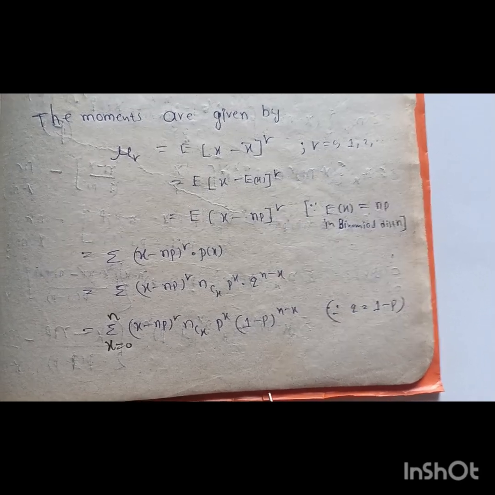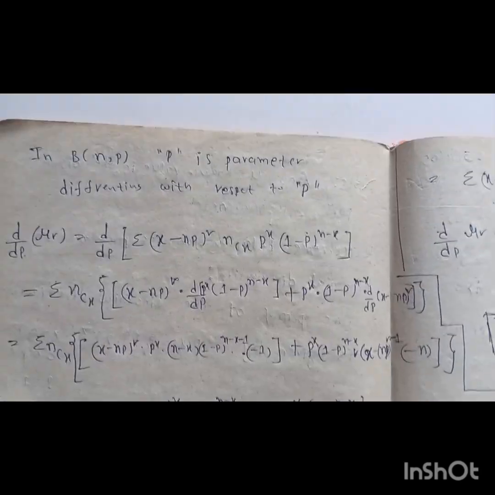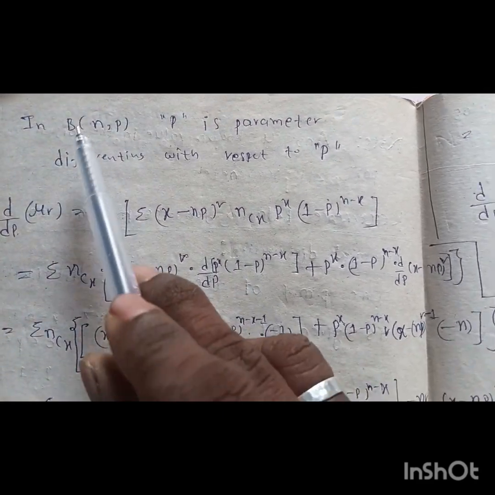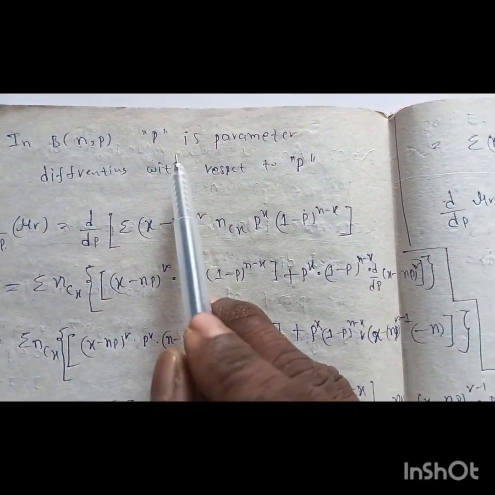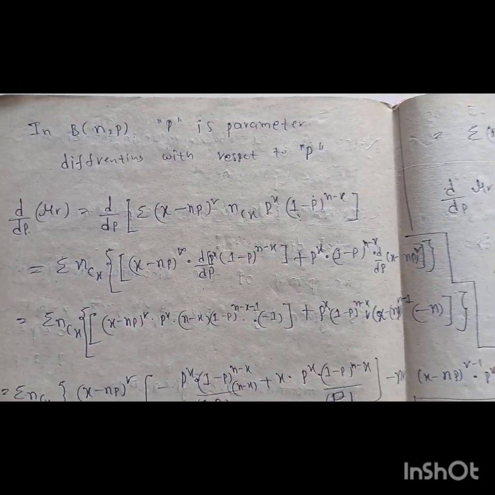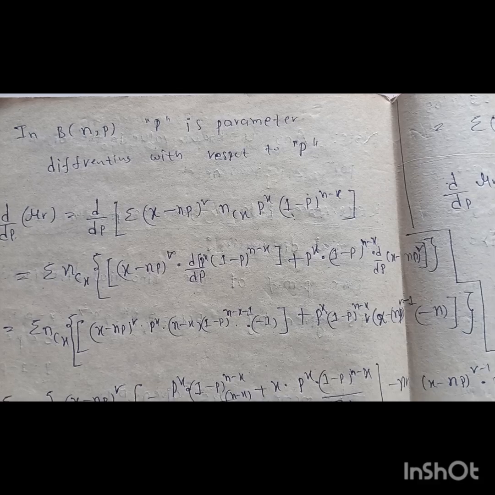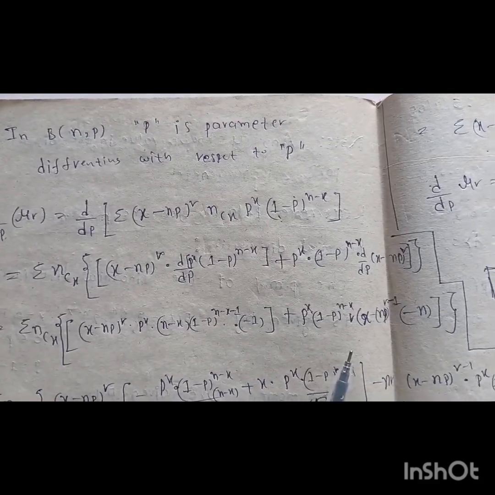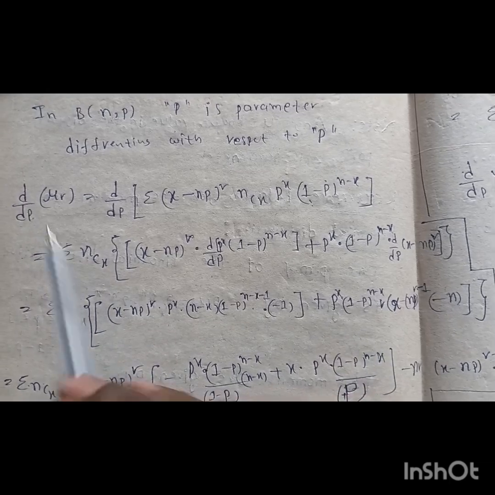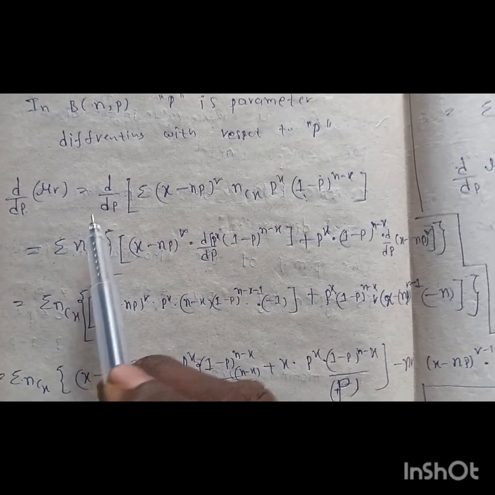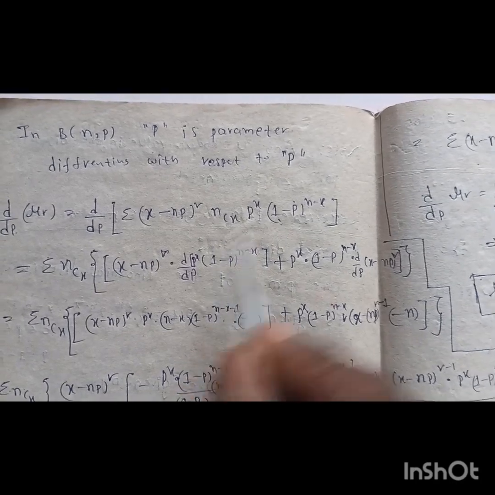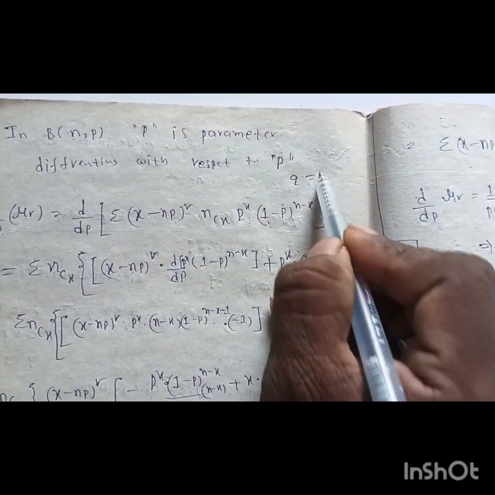In binomial distribution, p is the parameter, so differentiating with respect to p: d by dp of mu r on the LHS, and d by dp of that whole function on the right, where q can be written as 1 minus p.